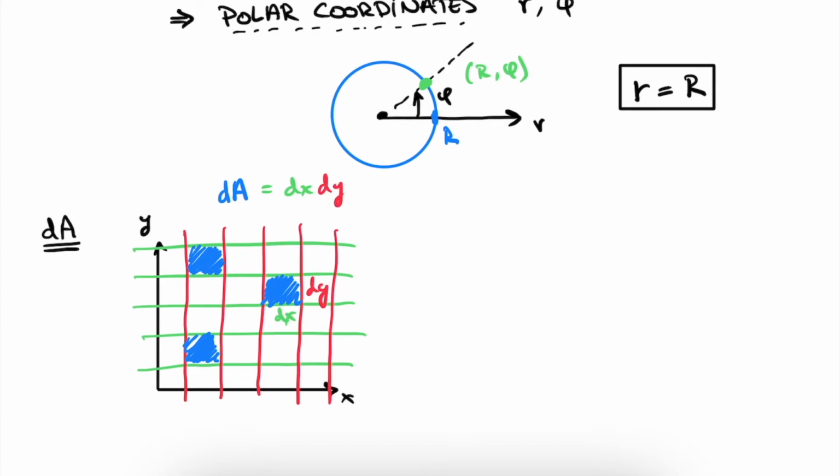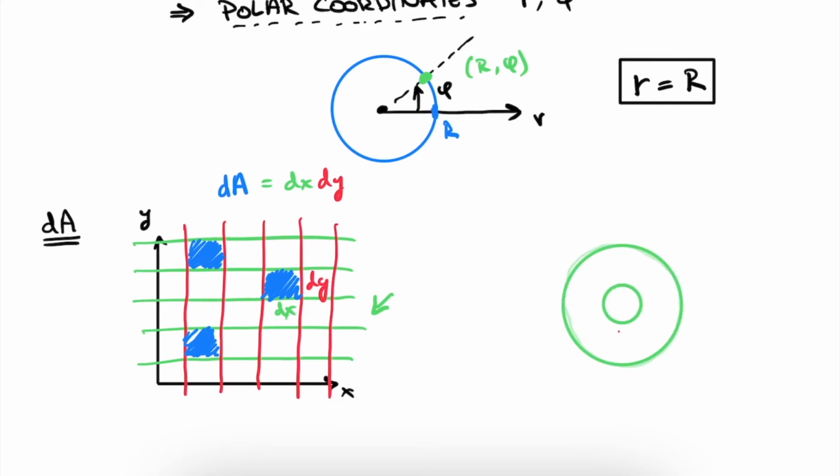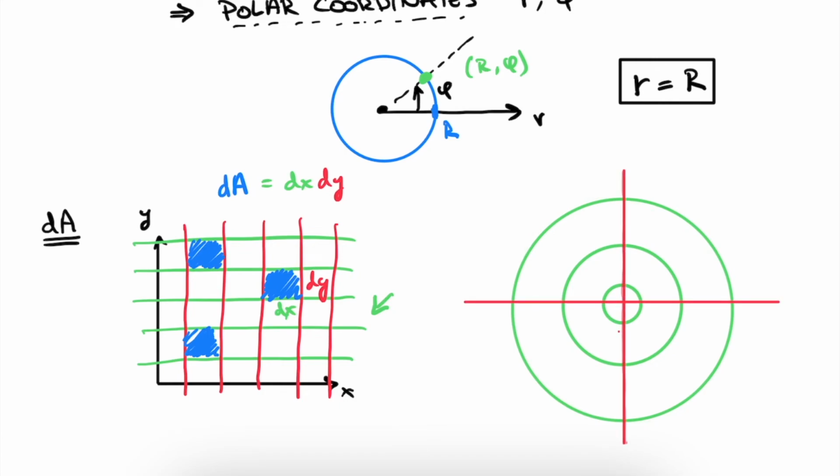However, some of you might already see the problem, because if we divide the plane not in equal squares of dx and dy, but instead in polar coordinates, we will get the following. So let me first draw the same plane, but now divided by polar coordinates. In this case, we see that the first infinitesimal element is the infinitesimal length in the r direction, so a radial direction.